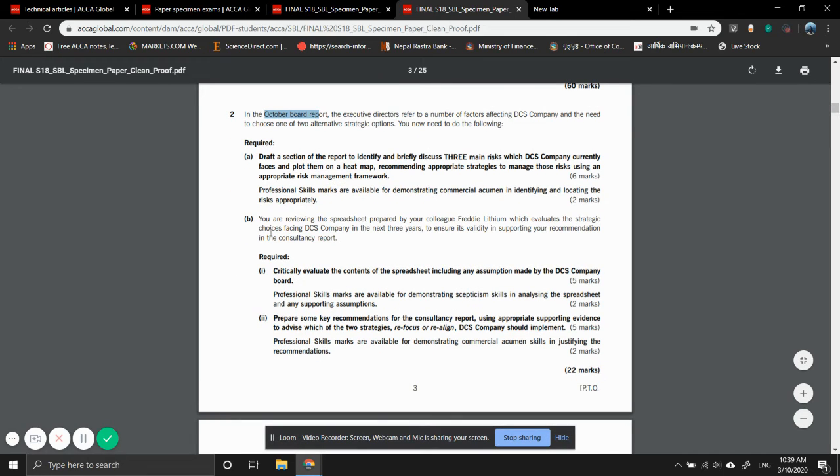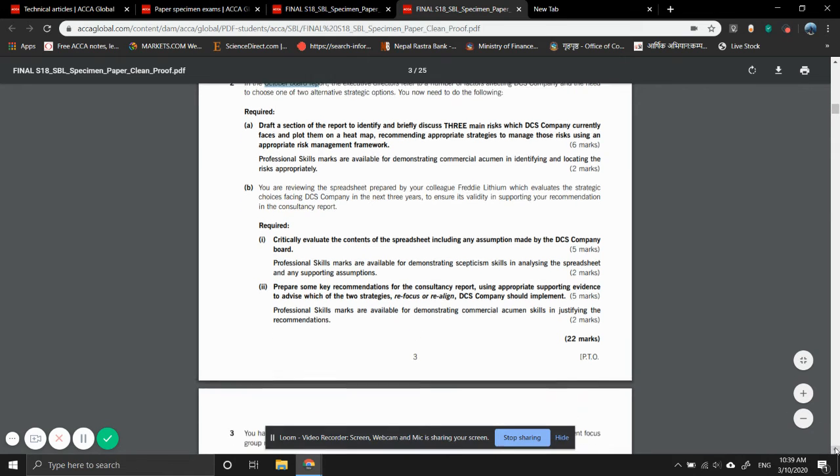And then you are reviewing the spreadsheet prepared by your colleague Freddie Lithium, which evaluates the strategic choices facing DCS company in the next 3 years, to ensure its validity in supporting your recommendation in the consultancy report. Required: critically evaluate the contents of the spreadsheet, including any assumptions made by DCS company.